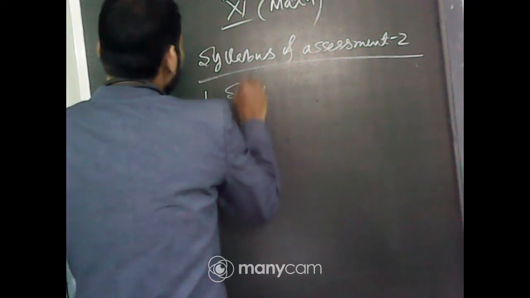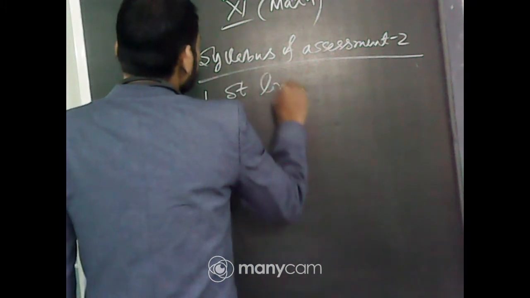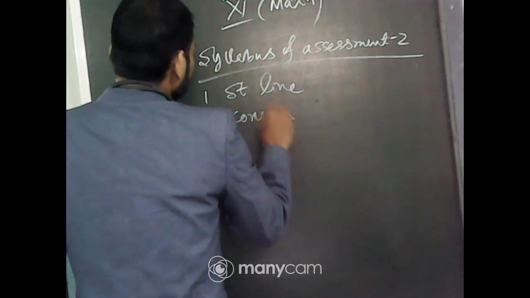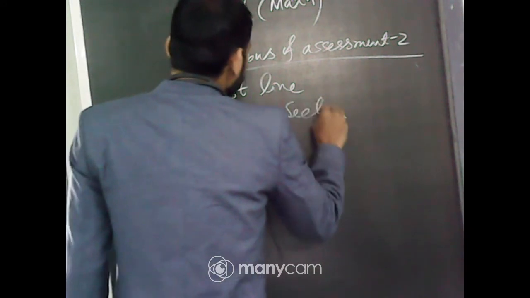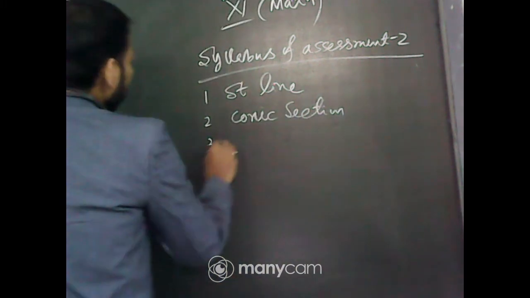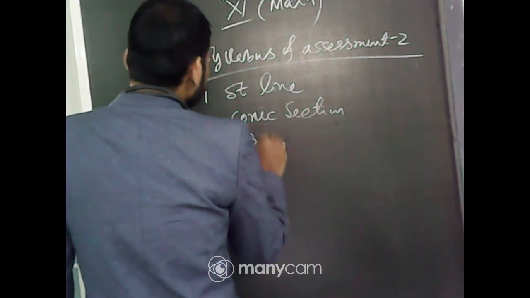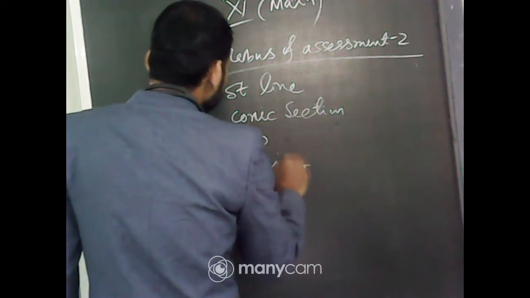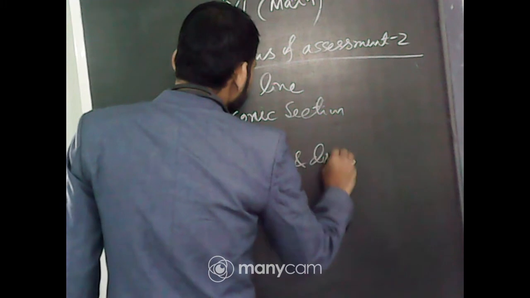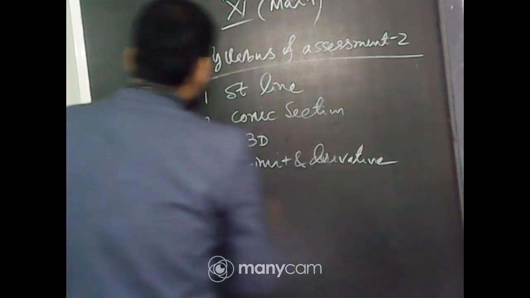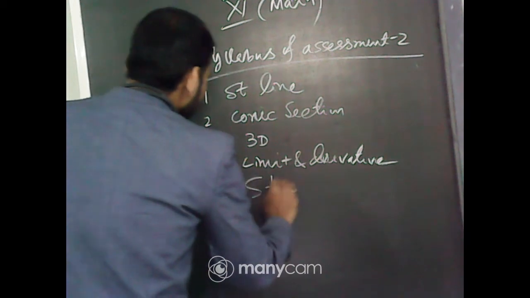That is straight line, conic section, number 3 that is 3D, number 4 limit derivative, and the number 5 that is statistics.